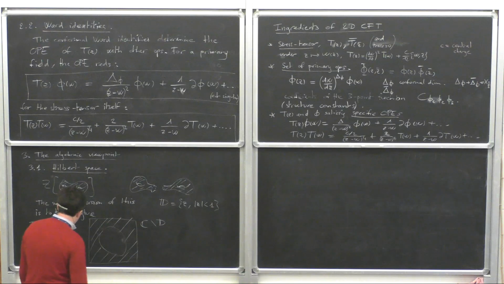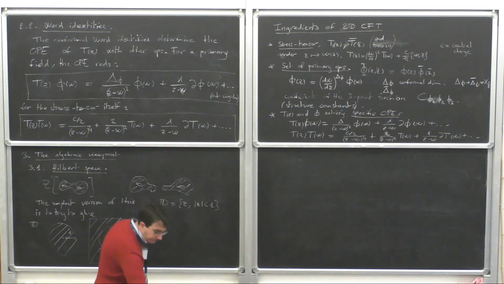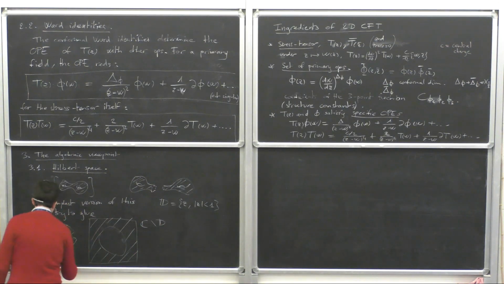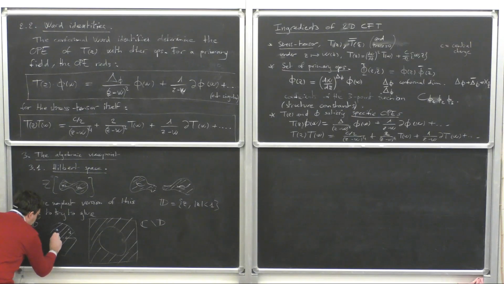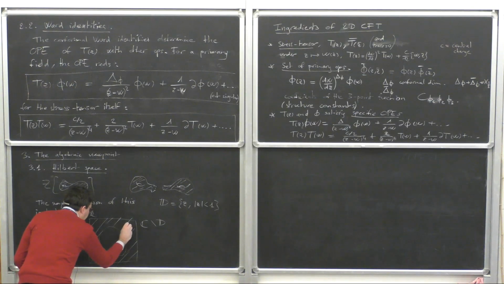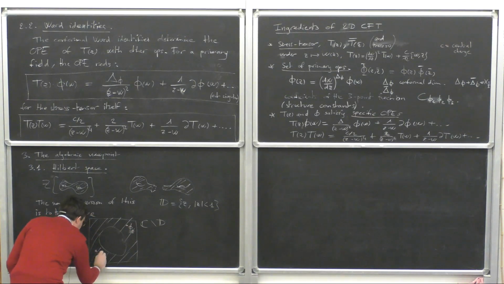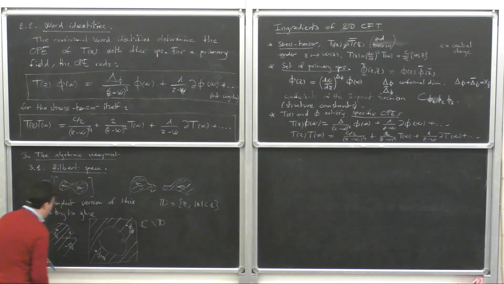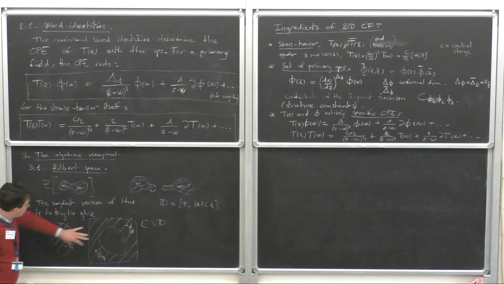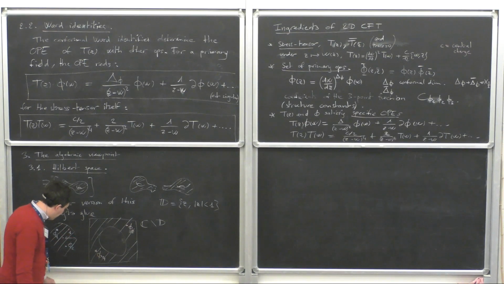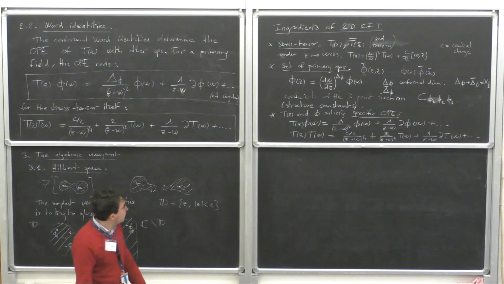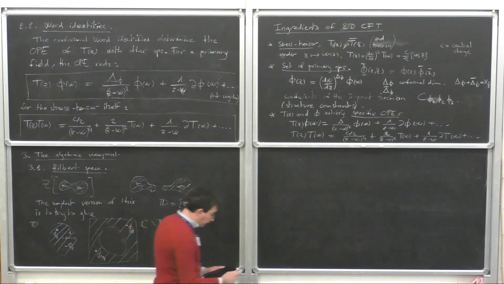But if we start inserting operators, like if I put an operator here, for instance, phi 1, and another operator here, phi 2, and some other operators here, phi 3, phi 4, I would like to make sense of this operation of gluing the two things and getting a number out of it, and the number that I should get out of it should be the correlation function.